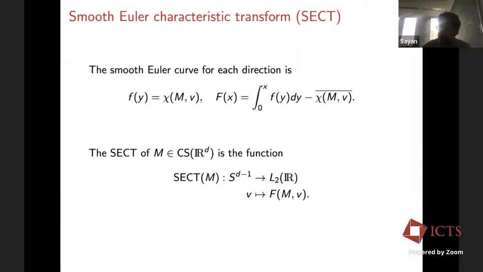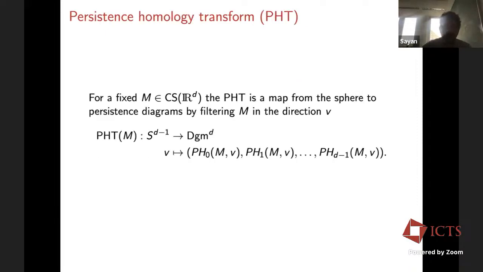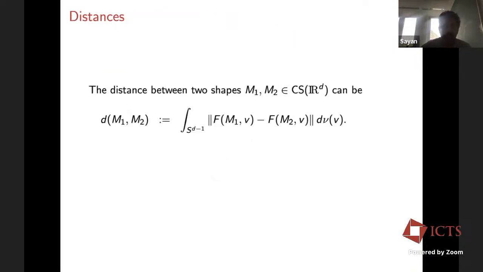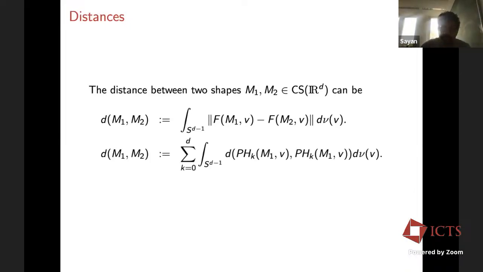It's smooth, so it maps things to functions. And then you have the same thing for the persistent homology transform, where up to dimension d-1, you basically look at the persistent homology in the direction V. Okay, I will skip this. So there's a formal notion of distances between two shapes now, even if these shapes may be topologically different.